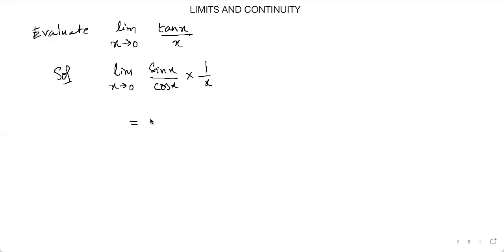So this again results to sine x by x into the limit x tends to 0 of 1 by cos x.